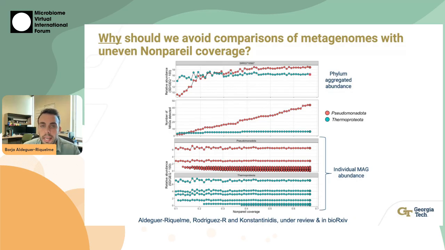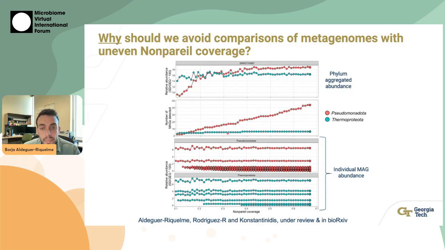But what is the reason behind this difference? On the second panel here, I show you on the y-axis the number of MAGs detected for each of these 2 phyla, again as a function of Nonpareil coverage. As you can see, for the Pseudomonadota there is a continuous increase in the number of MAGs detected as our Nonpareil coverage increases.